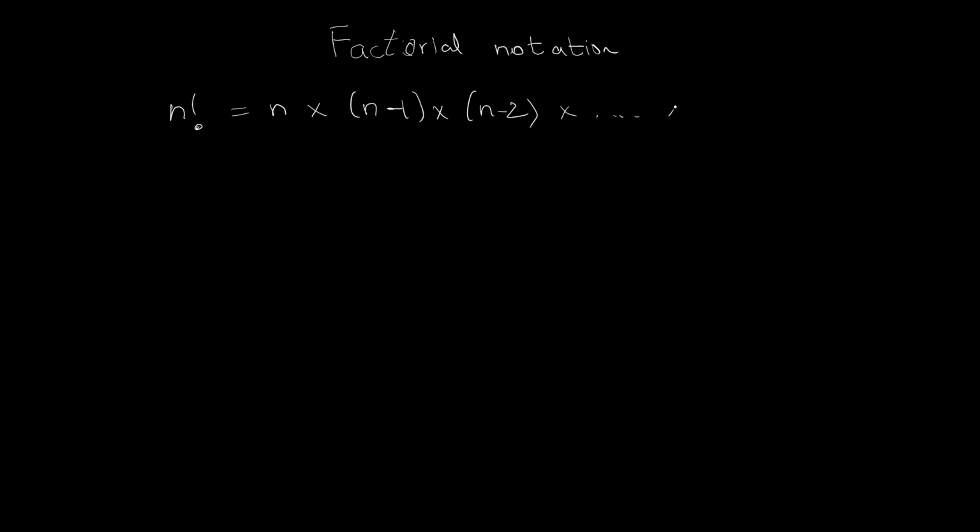Now let's discuss the factorial notation. n factorial is n times n minus 1 times n minus 2 until we reach 1.